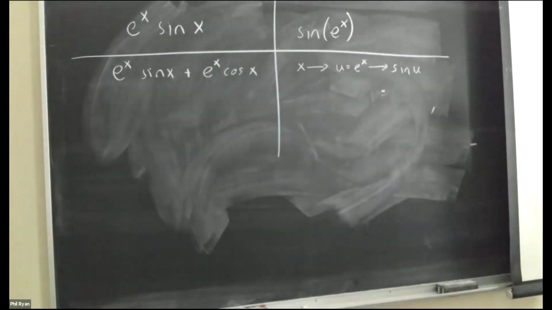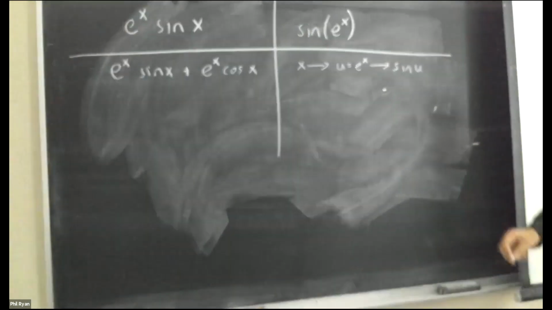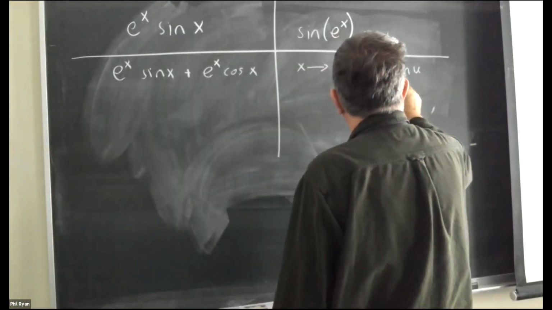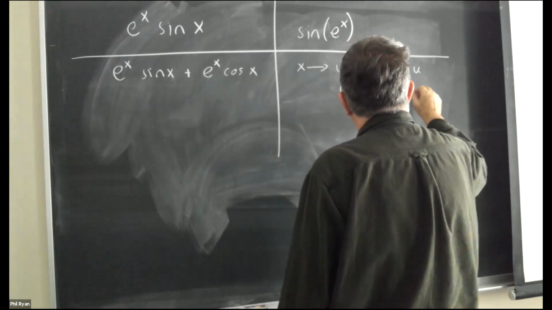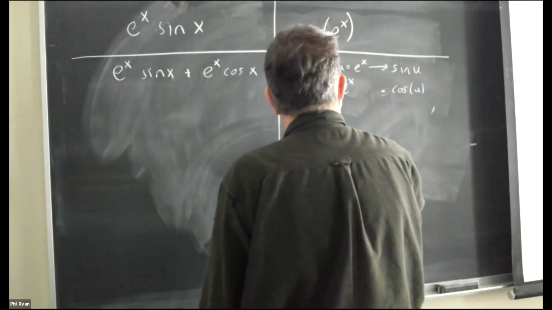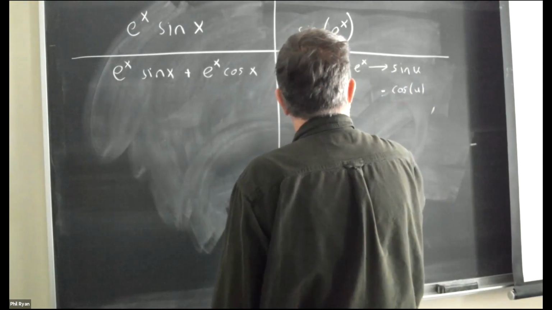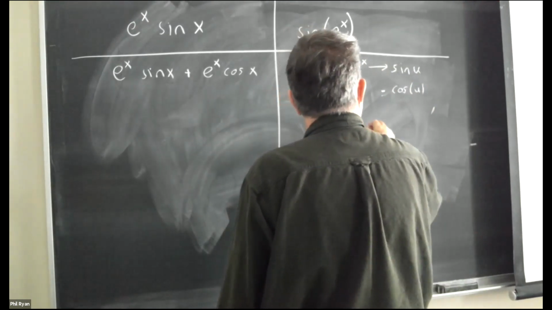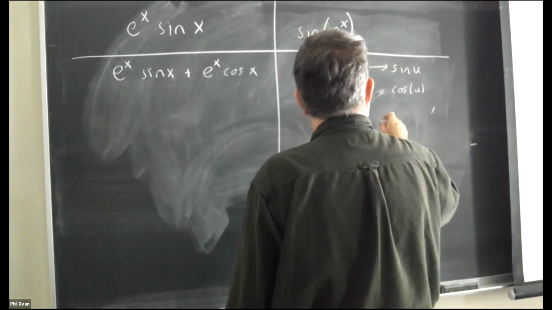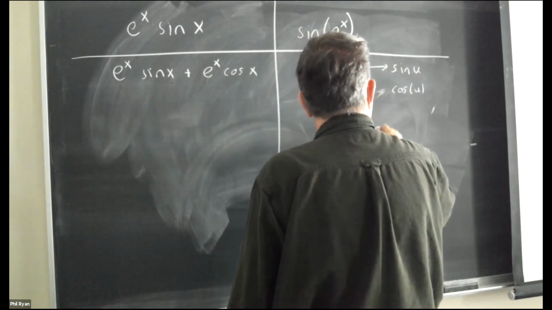So writing down that chain, you know how to do all the parts, just like before. Derivative of this is e to the x. Derivative of this is cosine u. Multiply them together. You get e to the x times cosine of e to the x.